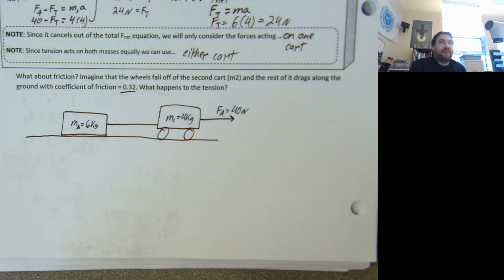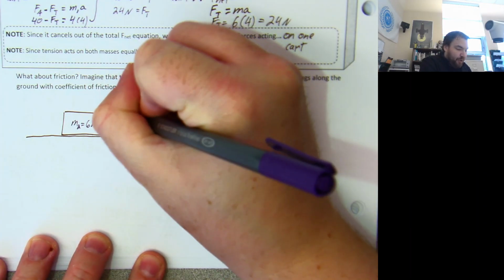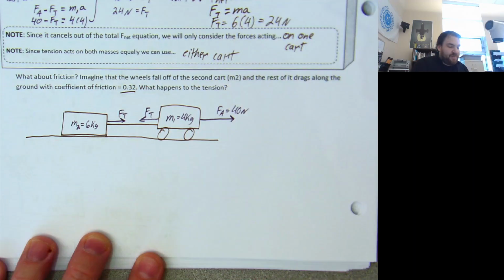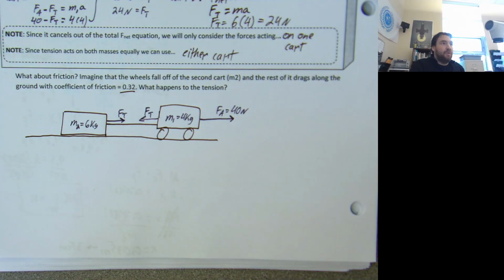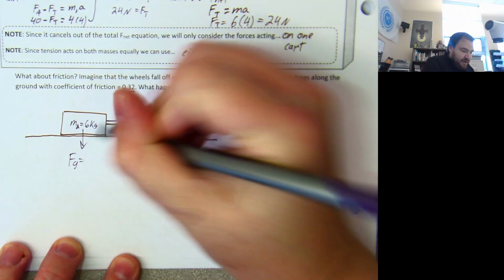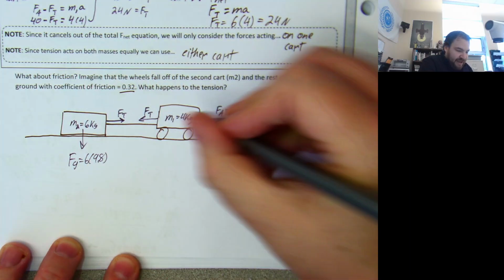What other forces are acting on the system? There's still going to be tension, and tension acts on both objects attached to the rope in opposite directions. So there's my tensions. What else is acting? Gravity, still down for both of these. I'll put some values in here again, 6 times 9.8 on the block on the left.